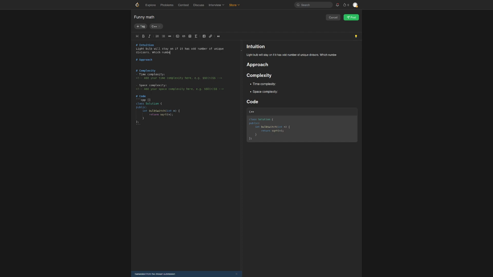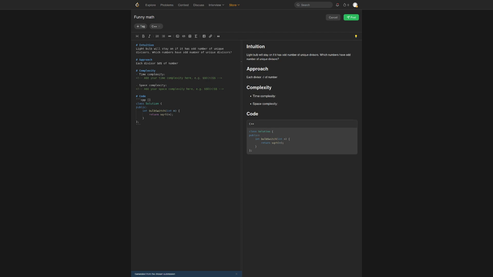Which numbers have an odd number of unique divisors? Each divisor d of a number: if number n has a divisor d, then the number n divided by d is also a divisor of n.